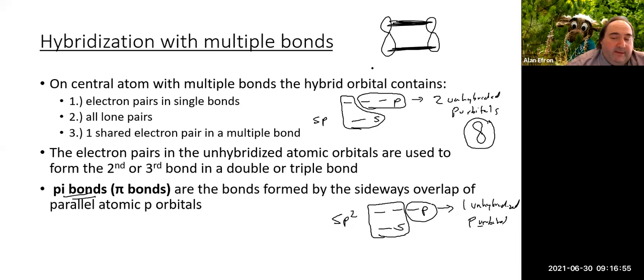The overlapping of these unhybridized p orbitals kind of even looks like a double bond when you do it that way, right? It makes what is referred to as sideways overlap, above and below the plane of the bond, which sits right about here in the middle. And that accounts for a pi bond, this sideways overlap. Again, that's different than what we see with a sigma bond, where we get head-to-head overlap.